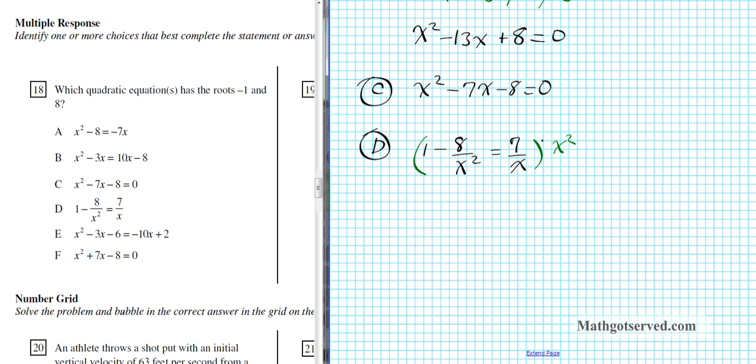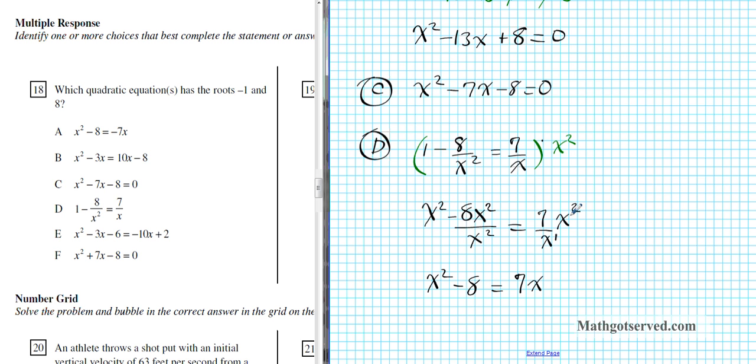We're going to have x squared minus 8x squared over x squared equals 7 over x times x squared. All right, so this becomes x squared minus 8 equals 7x, because you subtract exponents.